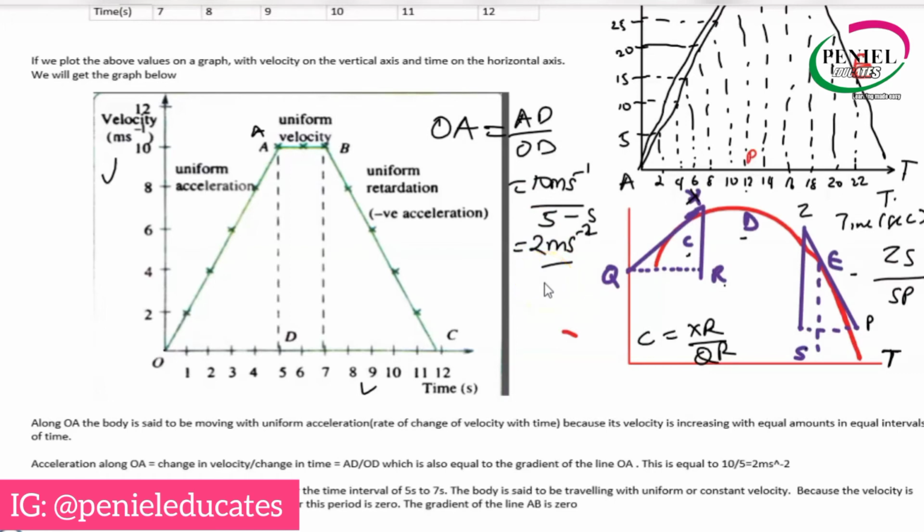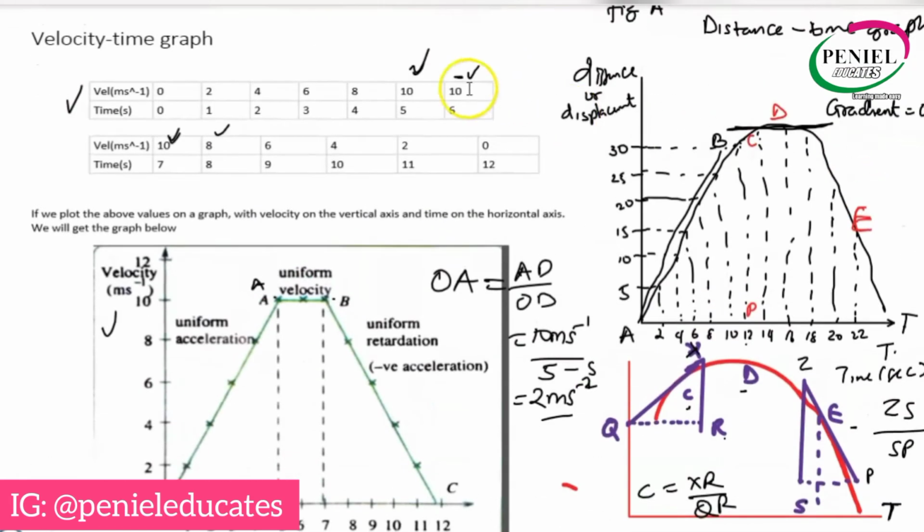Now the body is said to be traveling with uniform or constant velocity here, because the velocity is uniform over the time interval. Look at the velocity now, it is uniform. You see, we also have the time interval to be 5, 6, and 7.